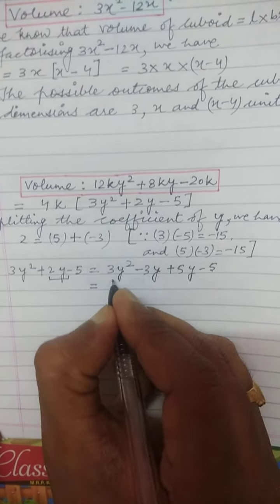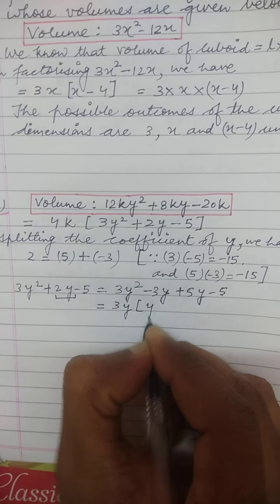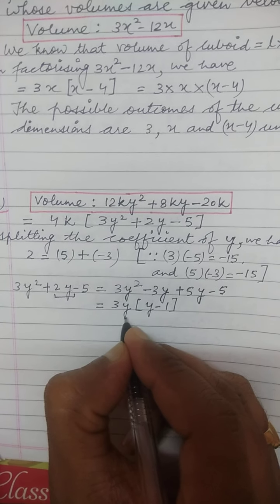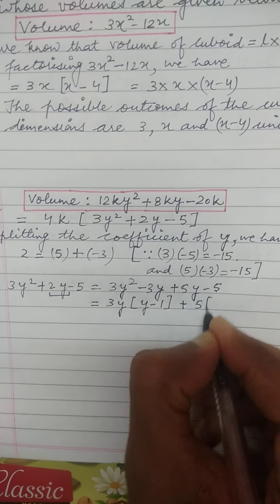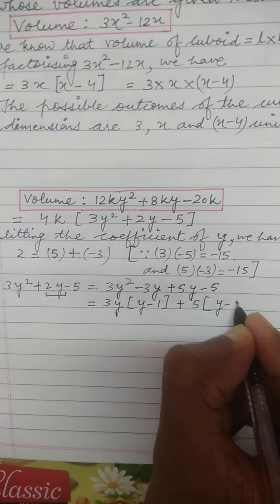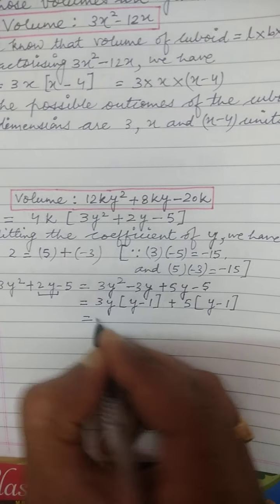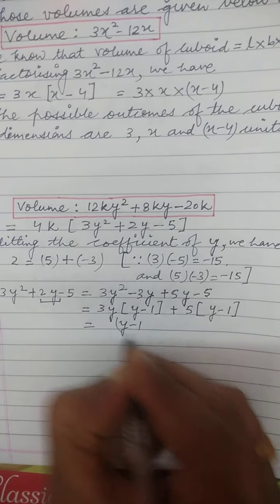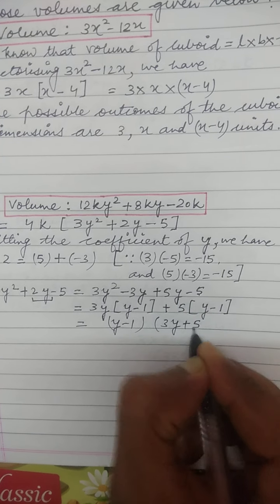Now we can take 3y common in the first two terms. We will get y minus 1 as our first factor, and taking 5 common in the last two terms, again we are getting y minus 1 as the factor. And now we shall take y minus 1 as a common factor. The other factor will be 3y plus 5.